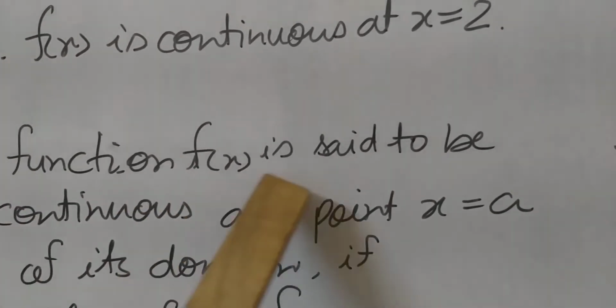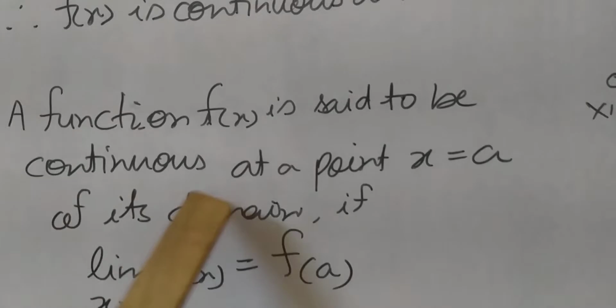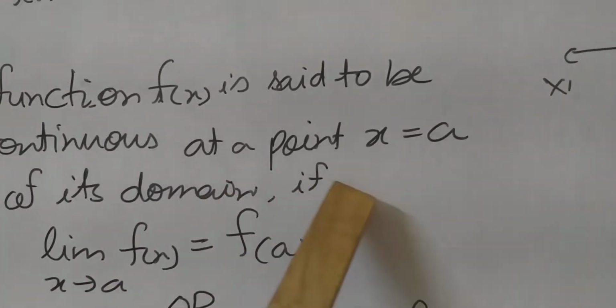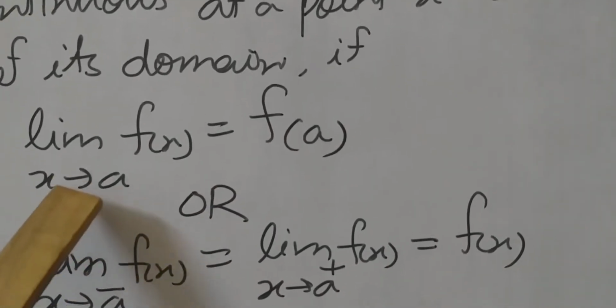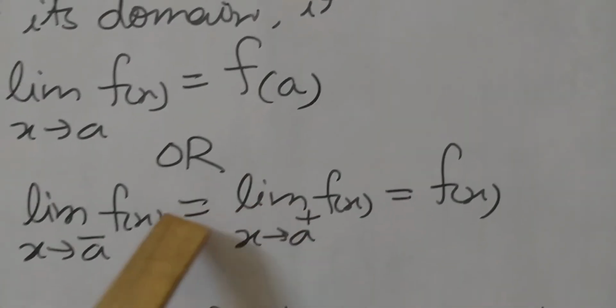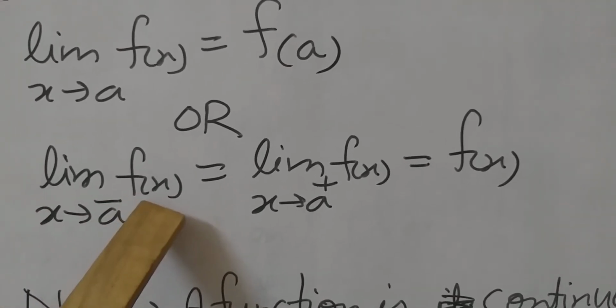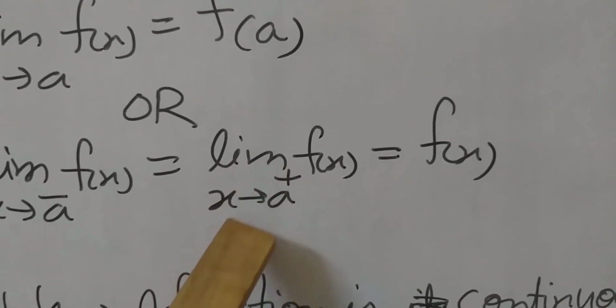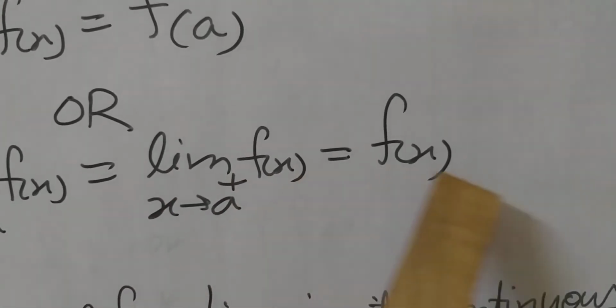What is the definition of continuous? A function f(x) is said to be continuous at a point x equal to a of its domain if limit x tends to a f(x) equals f(a), or limit x tends to a minus f(x) equals limit x tends to a plus f(x) equals f(a).